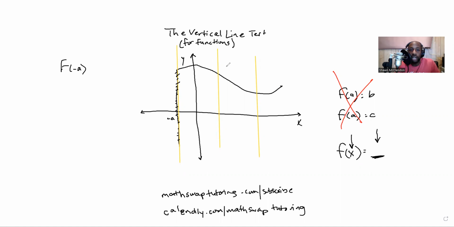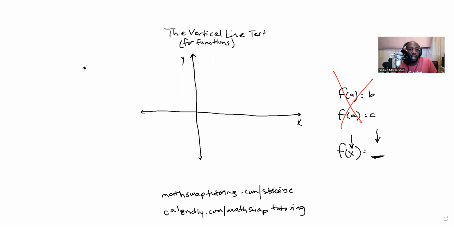Now let's look at this other example here. Erase all this stuff. So let's say that you had something like this. Make sure I draw this well.